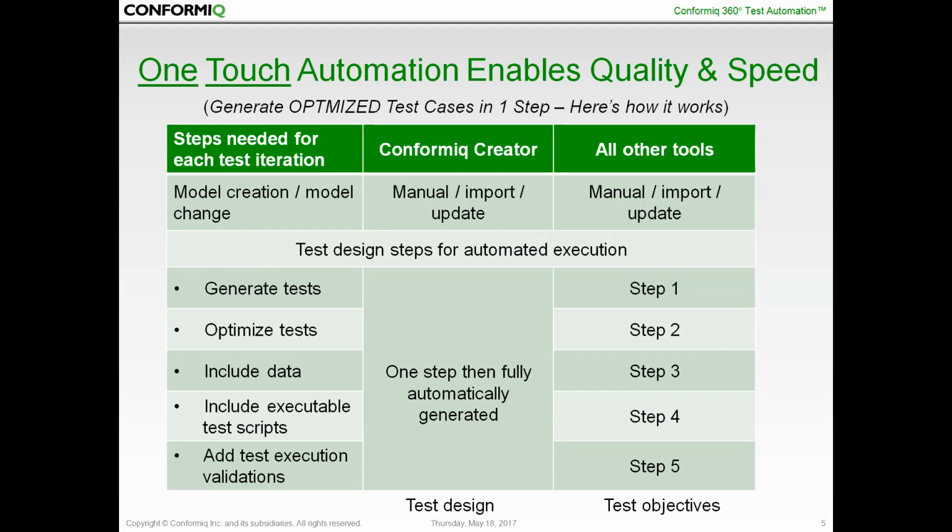One of the things that's really important, and one of the differentiations that Conformiq brings, is one step. You create that model, import it, but you have it so that you understand it, and from there on, everything else is computer generated.